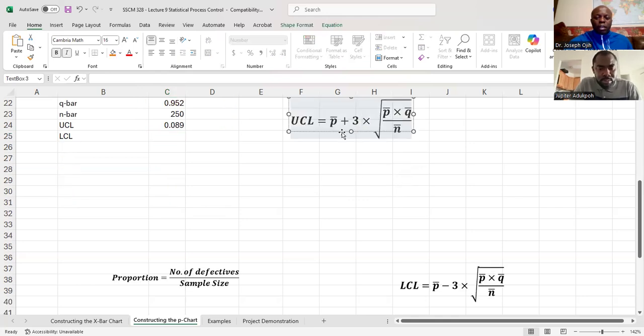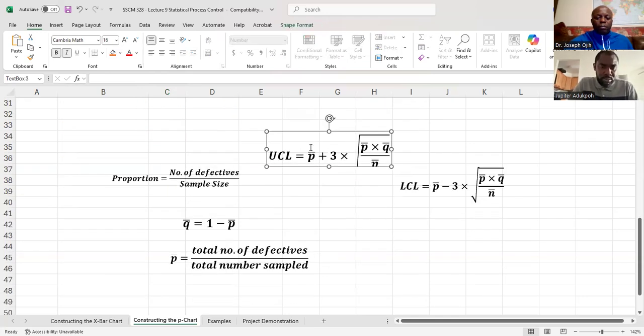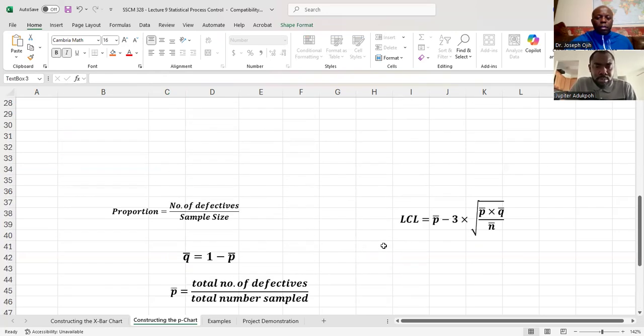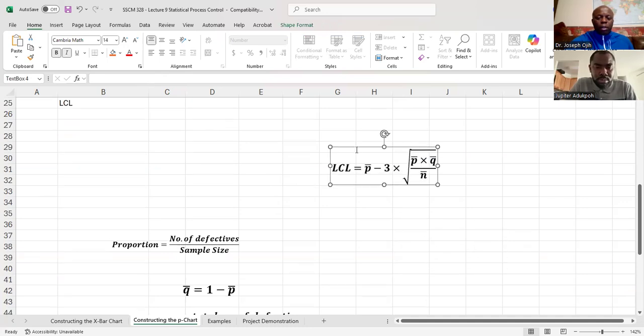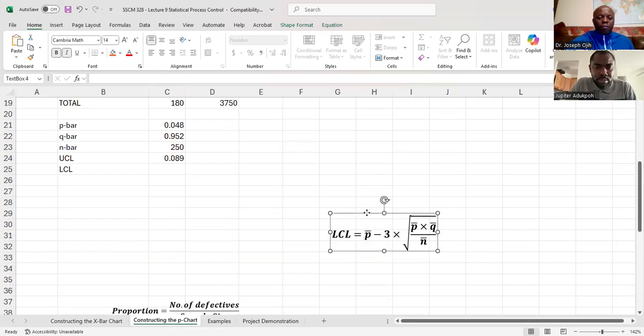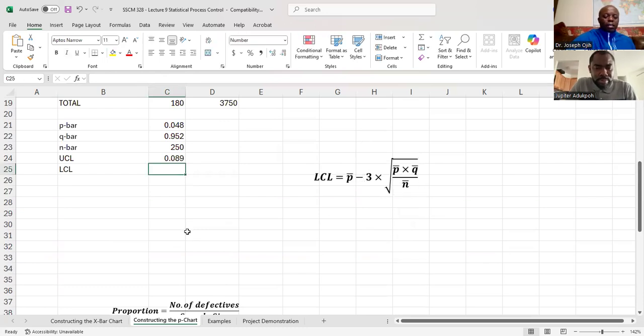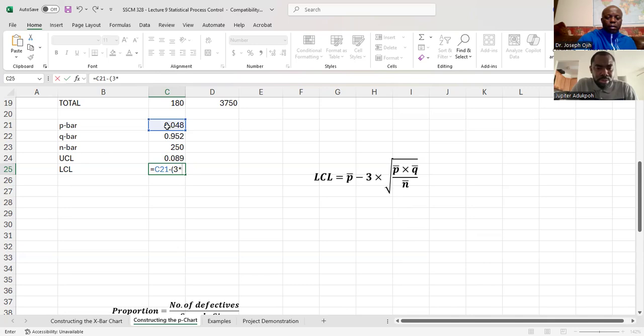Since we have done that, let's calculate the lower control limit. We have enough room. The same formula actually, but this time we have a minus sign. So equal P bar, which is this one here, minus, before you put 3, put parentheses, then type 3 times SQRT, which is square root.